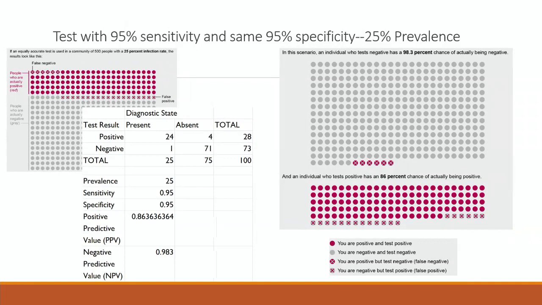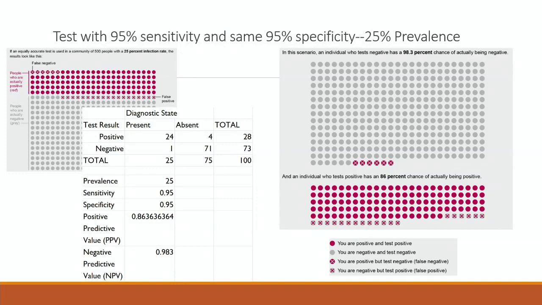All right, I'm going to reiterate this point with this 25% prevalence. We have a lot more people to find, so we have fewer false positives because we're better at finding the people who have it, but now we're getting more false negatives. This is the false negatives in that top left, with those gray X's in the red circles.